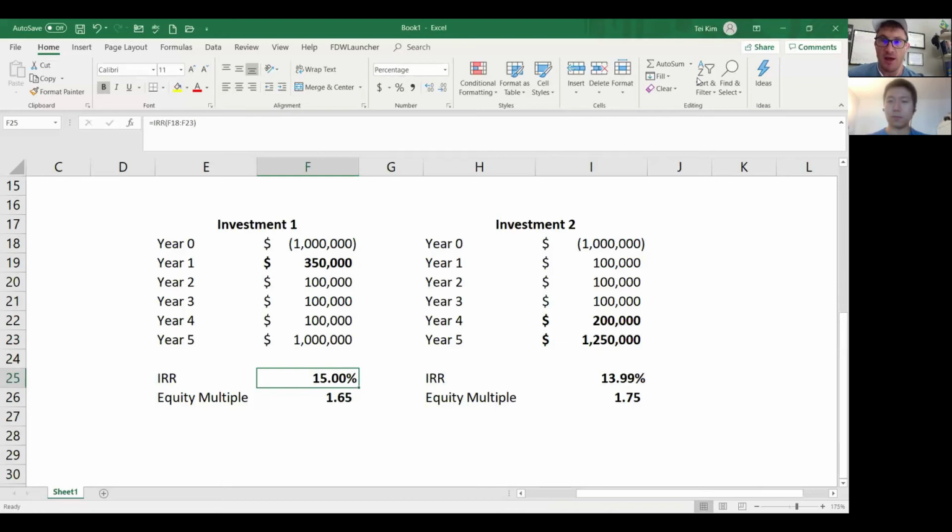And that's why you have a slight decrease in IRR with a higher equity multiple. But what's really interesting now is risk, right?